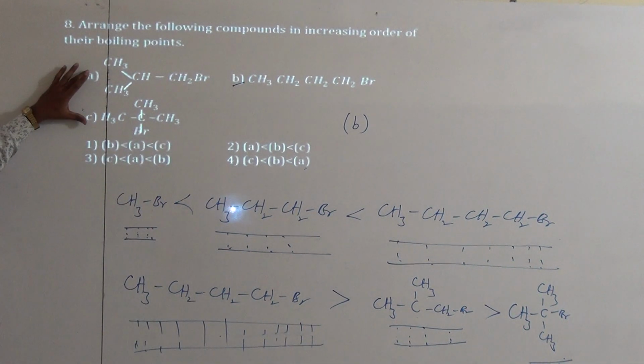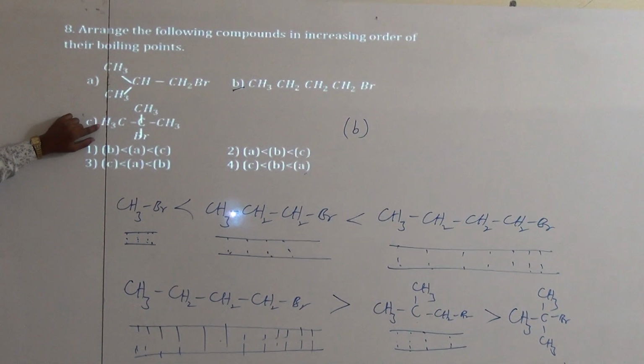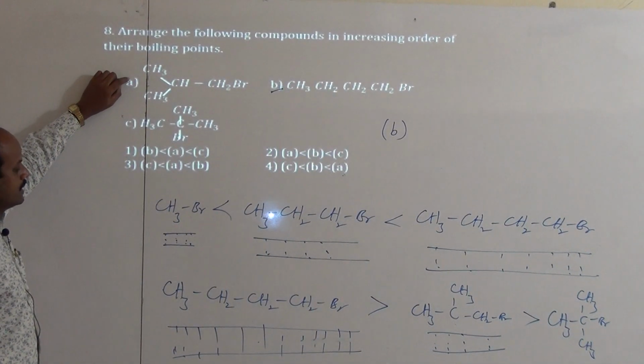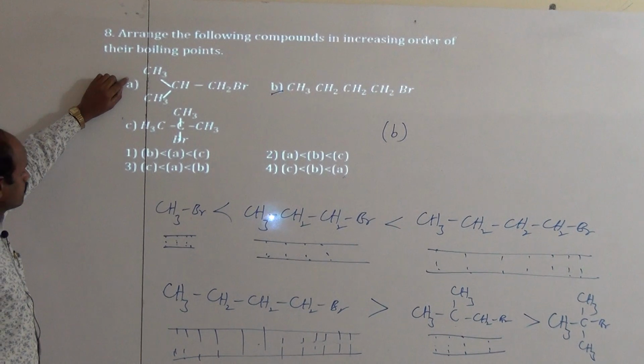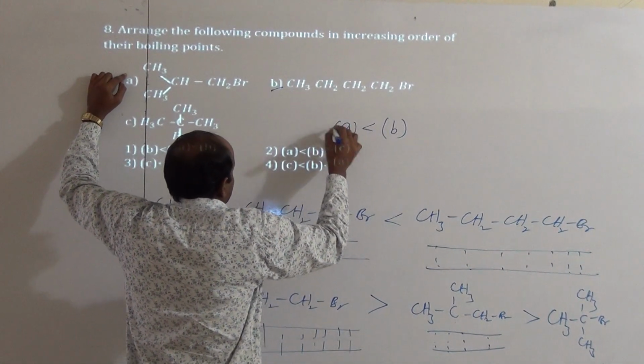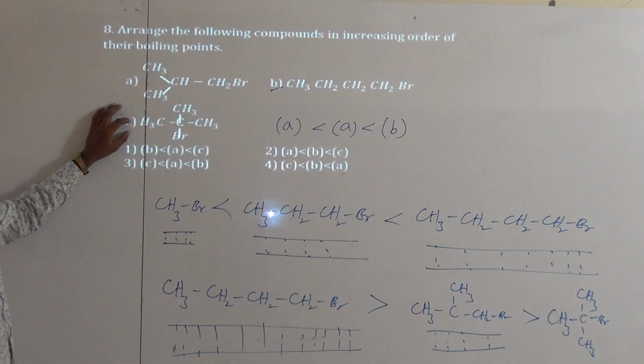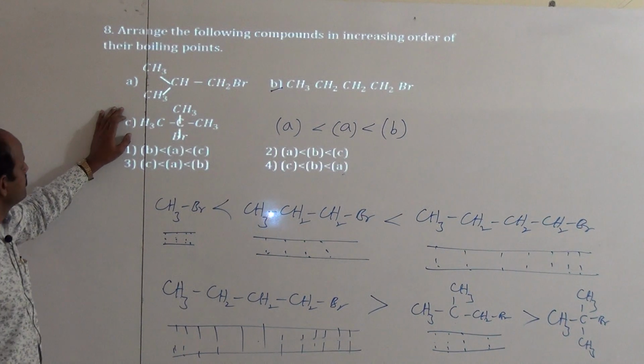Next one, these are branched chains. Where is the highly branched one? In option C, the highly branched one. A is the low branched one. The low branched chain has a high boiling point, A. Then the least one, the highly branched one, has the lowest boiling point.